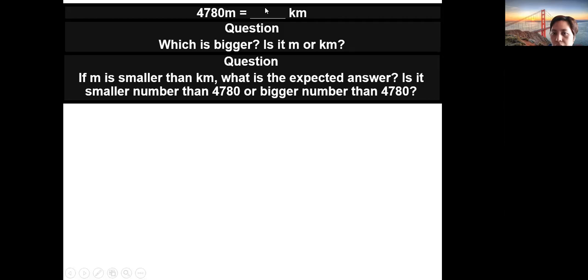So the expected number here is smaller than the given, which is 4,780. But again, although this is smaller, the two are still equal. The only difference is the unit.